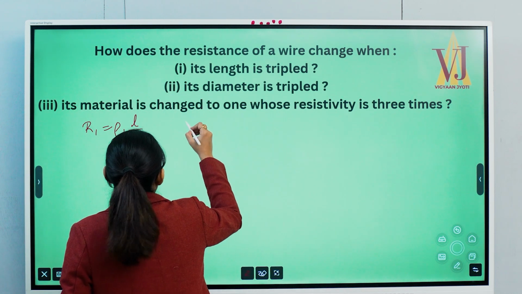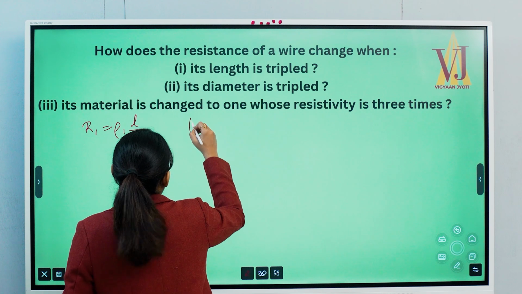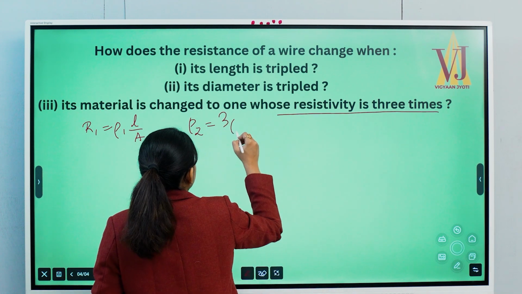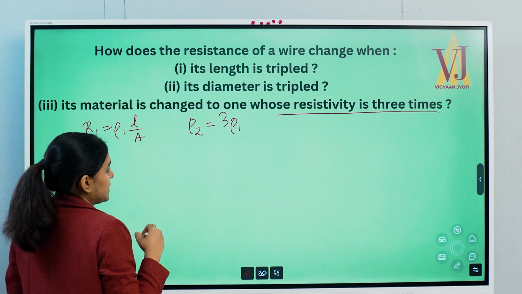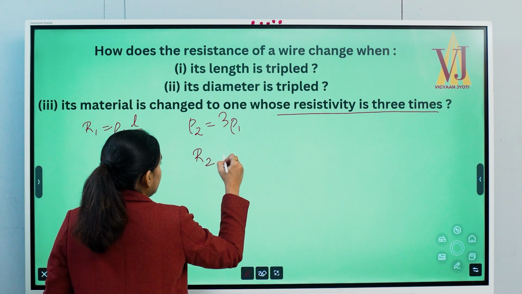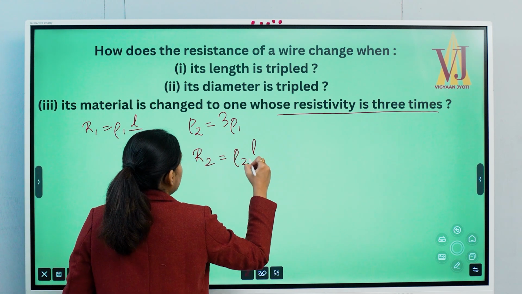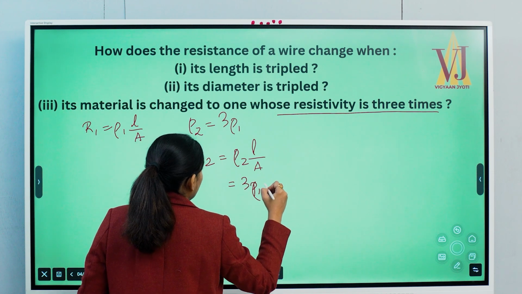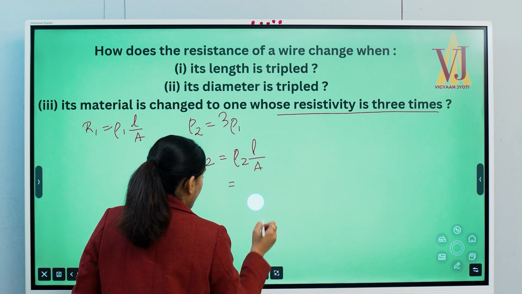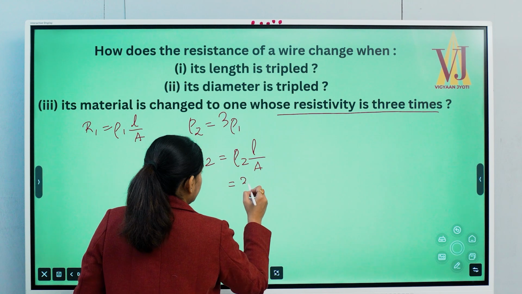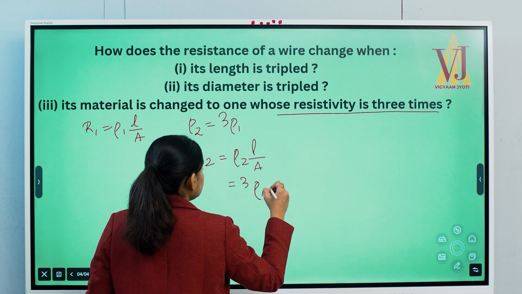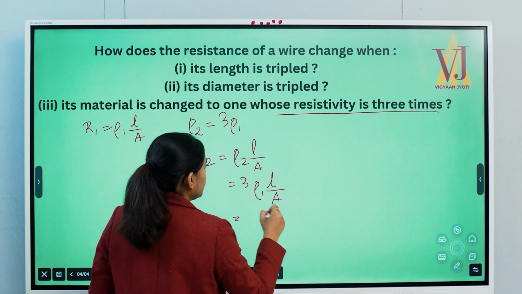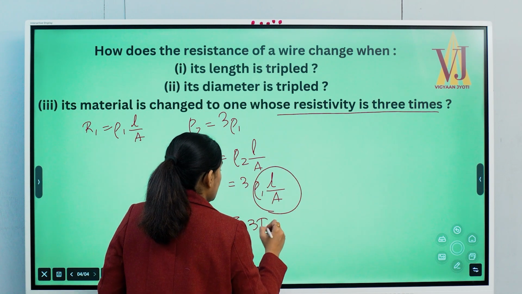Now my rho 2 has changed to 3 times my old resistivity. Fine. That means my R2 will be rho 2 L by A. Instead of rho 2 we can write 3 rho 1 L by A. Then we will just segregate this part, that means 3 R1.